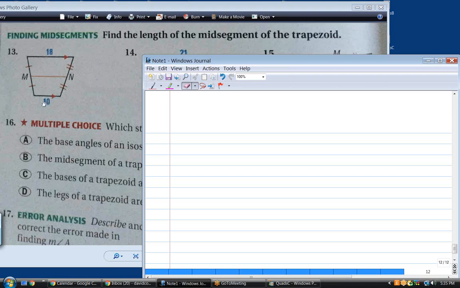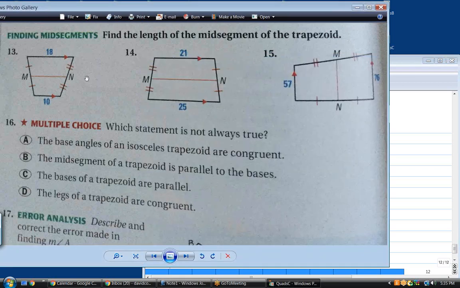And it always is in a trapezoid, as long as you're dealing with the line bisecting that side and that side. In other words, as long as this line bisects the two non-parallel sides, you have a midsegment.